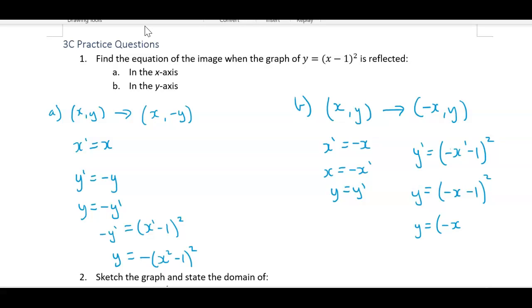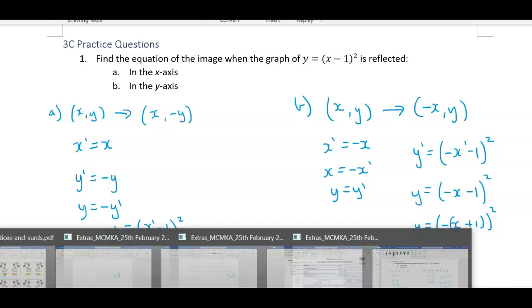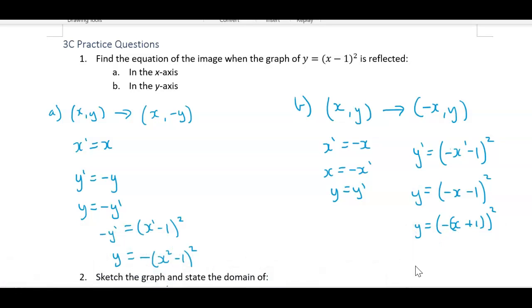Okay, so we take that negative out. If we took that negative out, we're going to have plus 1. So when it's written like that, we can easily see the transformations. So the previous one, it's the same thing, but taking that negative out, I can see it's been reflected, and then it's also had a translation to the left one.